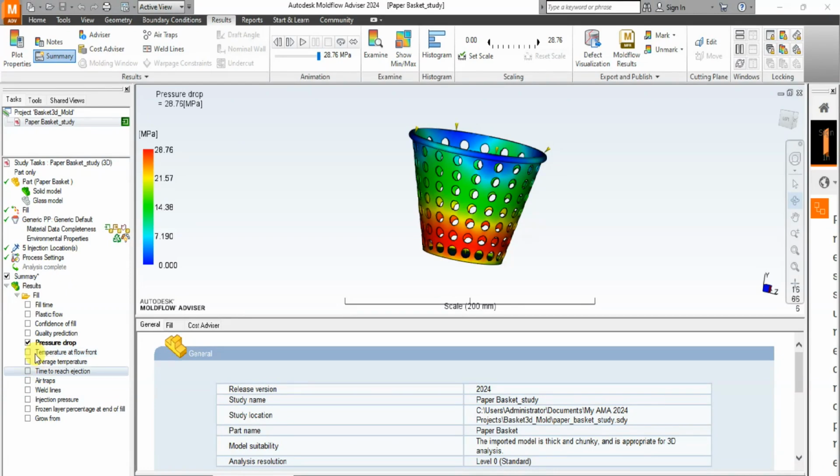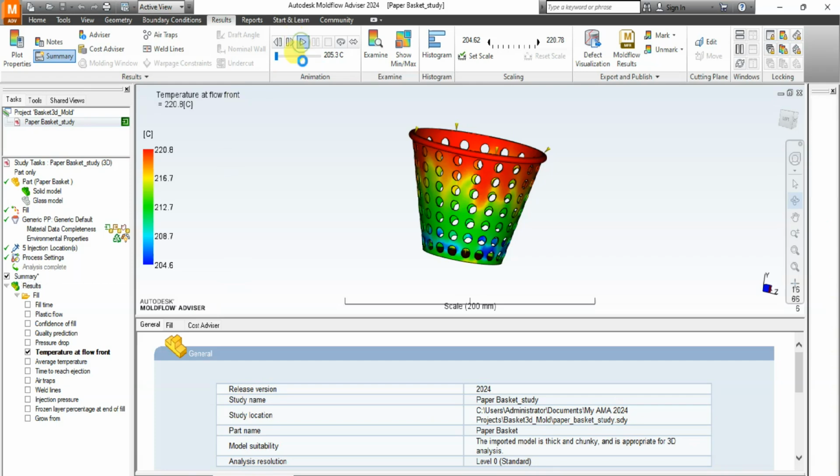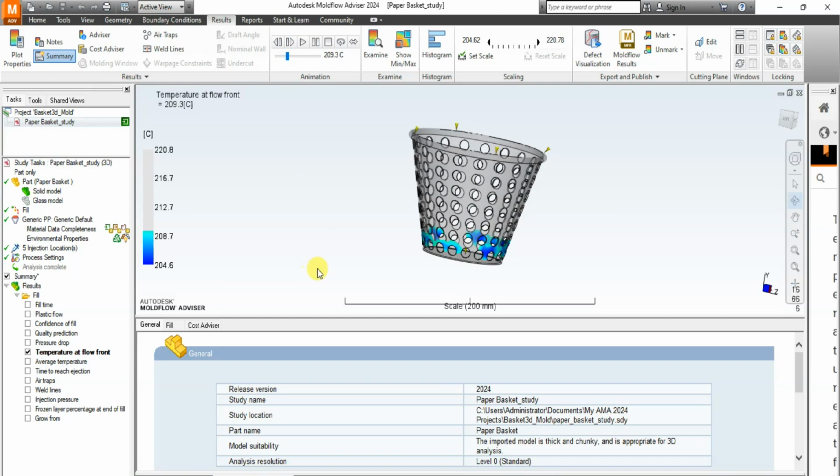Okay, so from the pressure drop now we're going to advance to the temperature at flow front. You can see the animation going from the bottom up. Now in this stage we're going to look at what these color indicators mean for the production time. This is very important for you to understand the interpretation of these colors and what they actually represent.